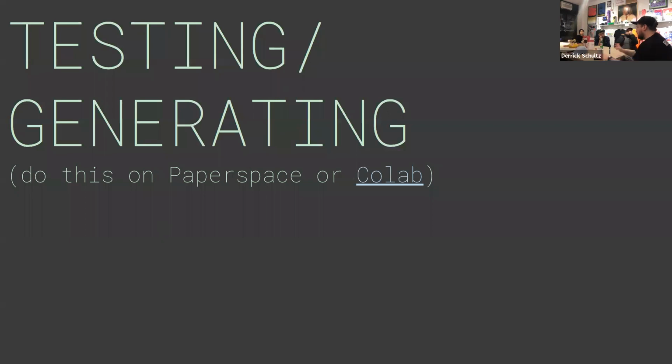Once you've done that, you can start generating images. Generating images can be done either on Paperspace or in Colab. The way I recommend deciding is, if you already have Paperspace open and you just finished a model, generate some images out of it, because it's fun to do that. When you're done, download those pickle files, save them to a hard drive, whatever.